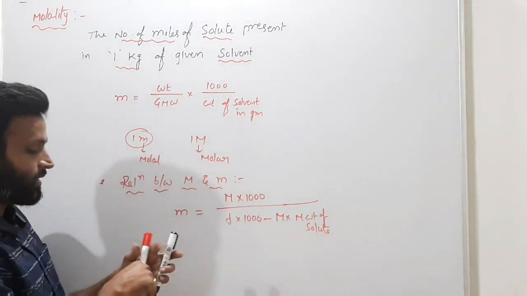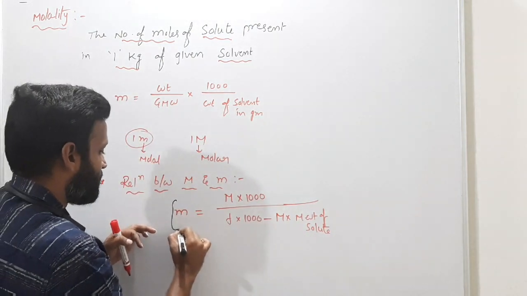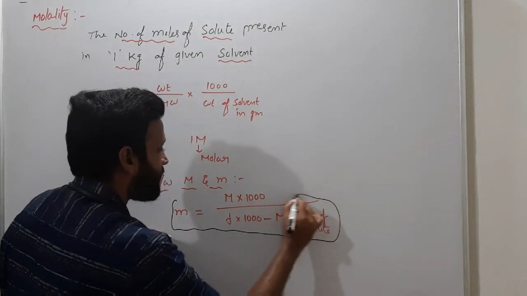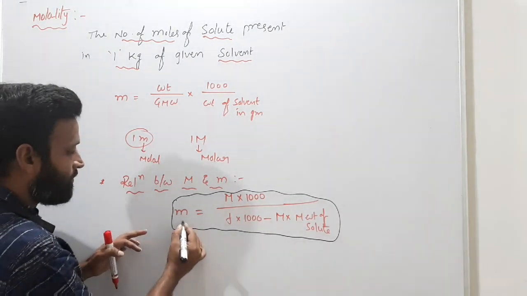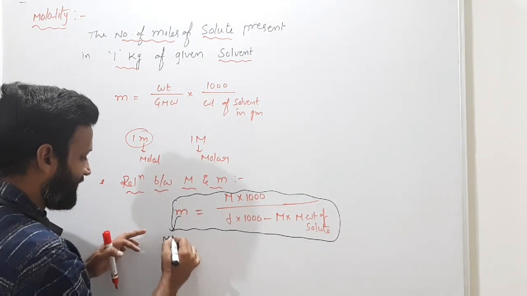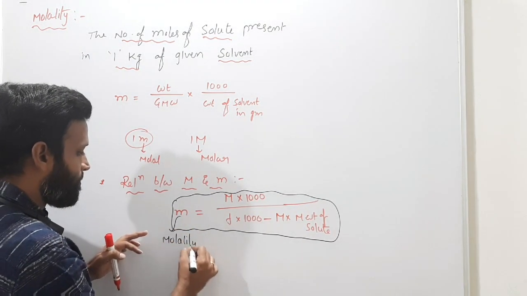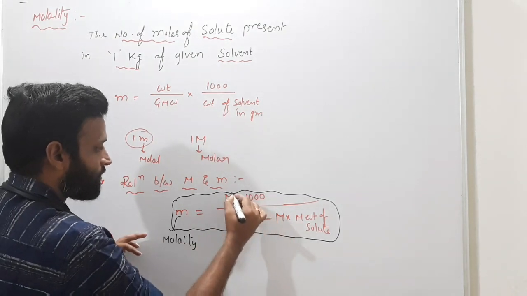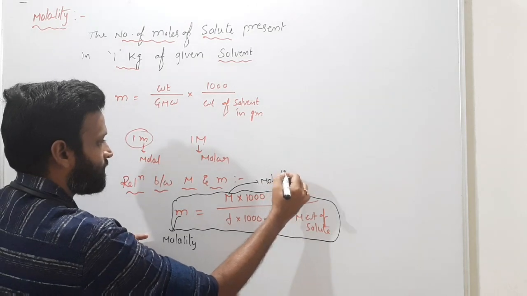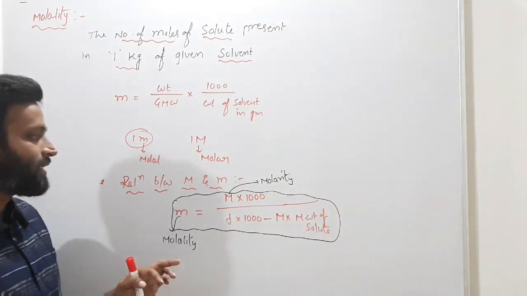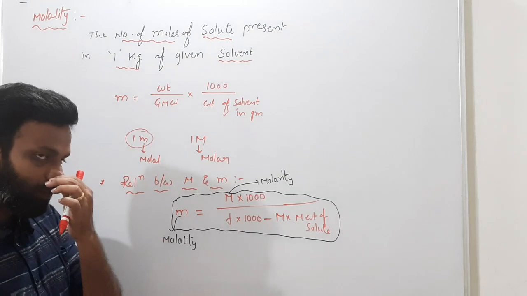This is the molality formula, an important relation. You must know this one. Small m means molality. Capital M means molarity. So this is the relation between molality and molarity.